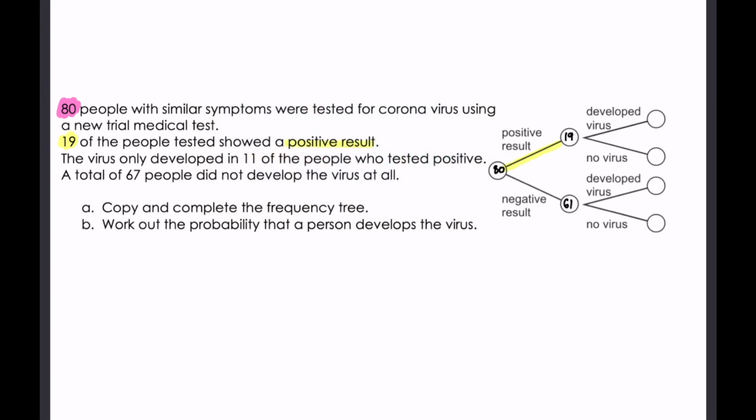The virus only developed in 11 of the people who tested positive. So 11 of the people who had already tested positive, which means that I'm going to now go up the positive branch again. So now 11 people developed the virus. Then it says a total of 67 people did not develop the virus at all.